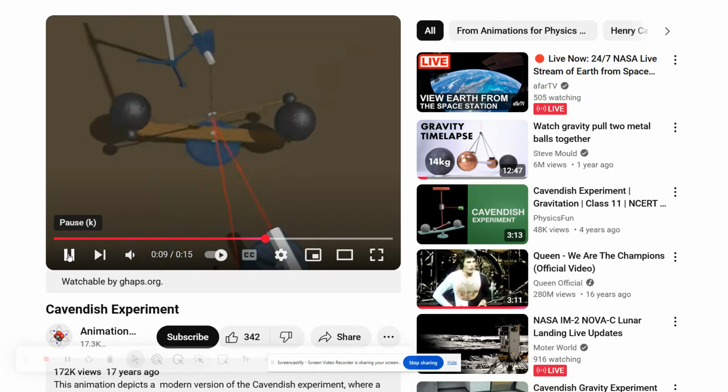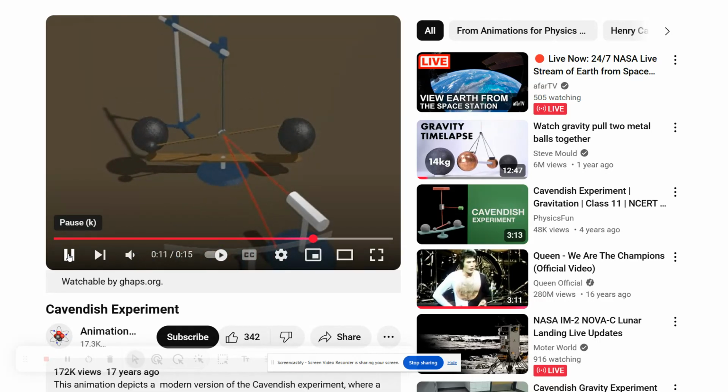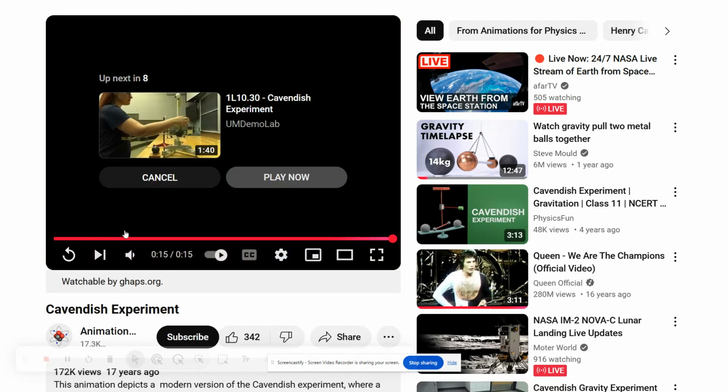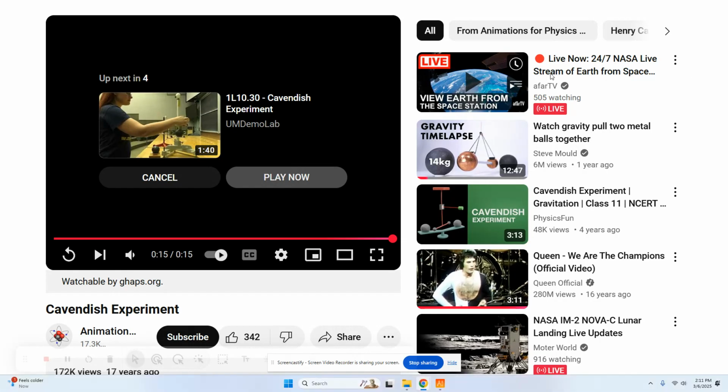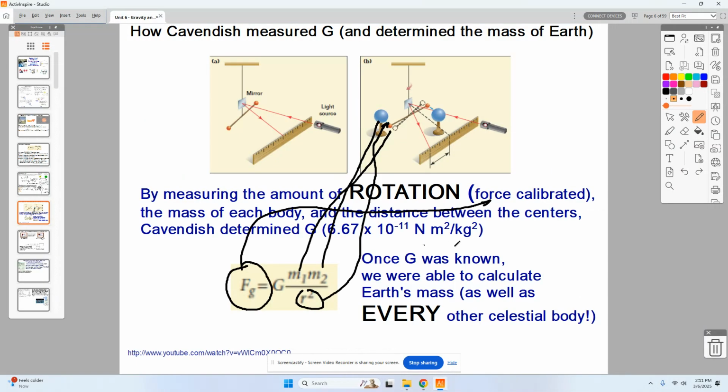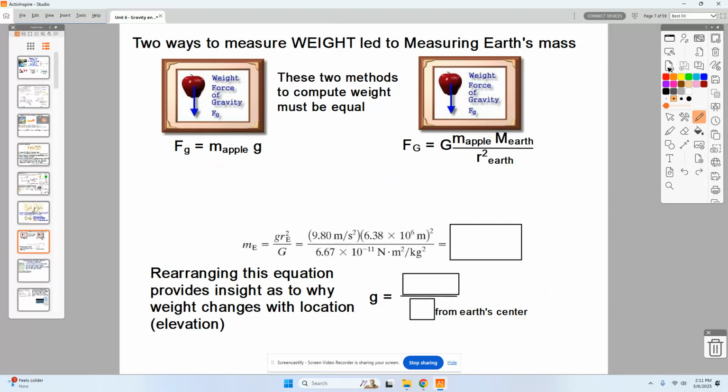Then he was able to measure just how much they twisted, and from that, he was able to calculate what that big value of G is. That's basically the experiment. Now, I want to show you how we were able to use that value to measure the mass of the Earth.